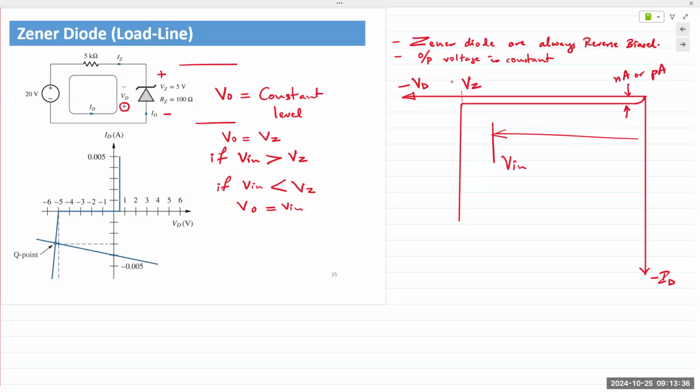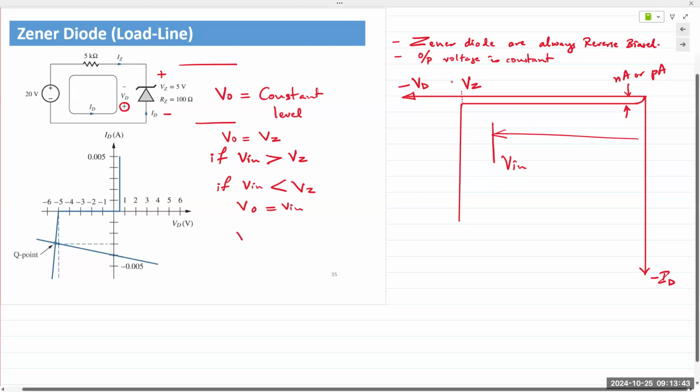So that's the first thing to keep in mind. I would say VZ would be minus VD and IZ would be minus ID, right?